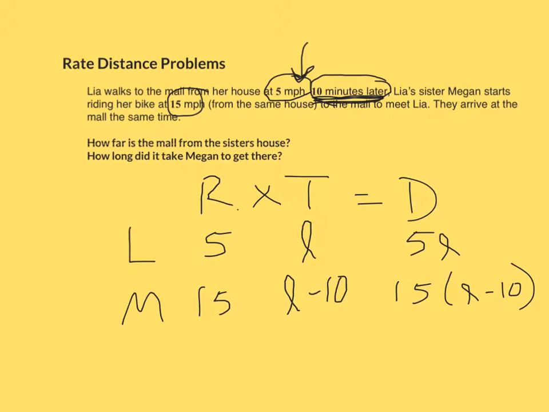If I'm inconsistent like that, I'm going to run into problems. So I'm going to change this 10 to 1 over 6, because 10 minutes is 1/6 of an hour. I want everything to be in hours. Make sure your units are consistent.